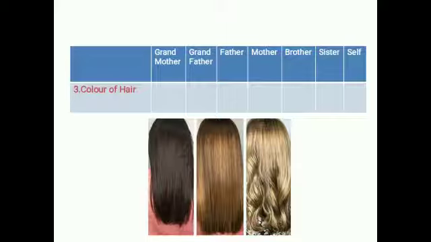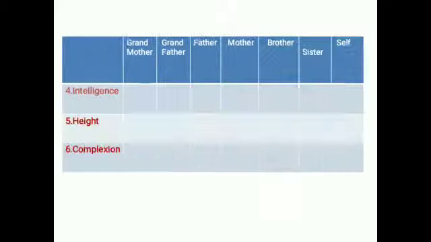Now first observe it and mention with whom it resembles among your family members like this. Now the same is here: intelligence, height and complexion. Observe it and note it down like this.